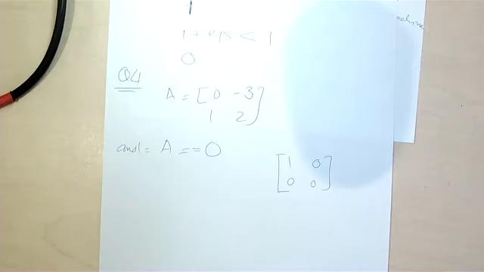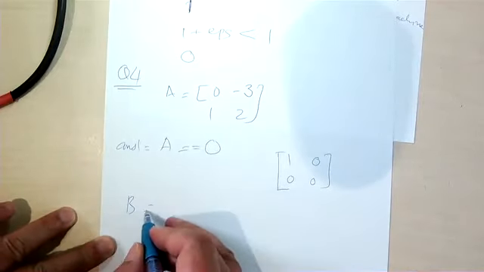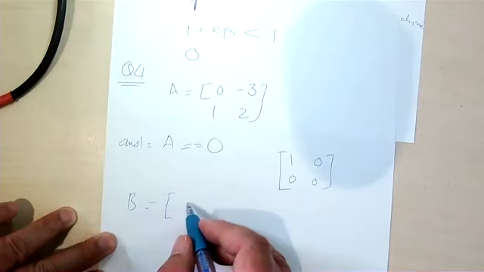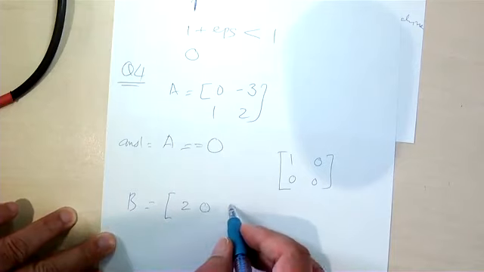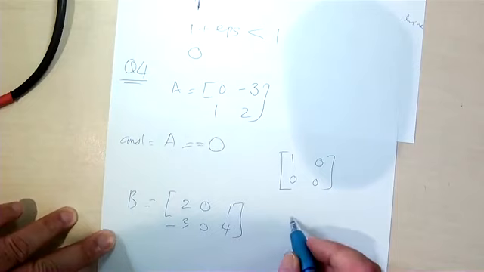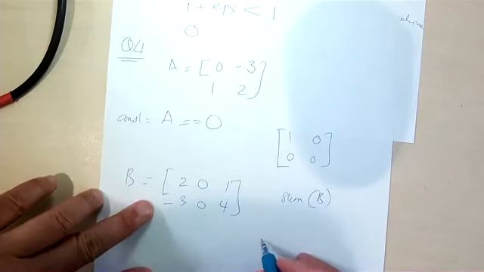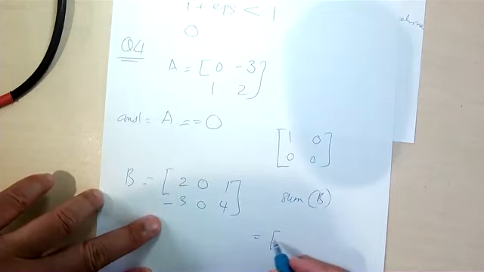And sum is like the sum over the columns of the matrix. Suppose I have B equal 2, 0, 1, minus 3, 0, 4. That's sum of B. Then you just have the sum over the columns, so it will be minus 1, 0 and 5.